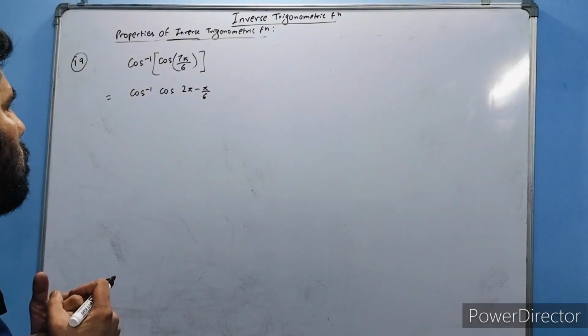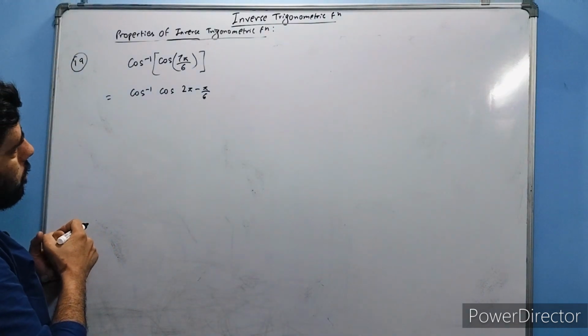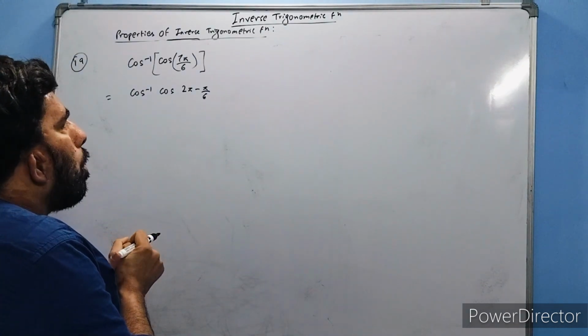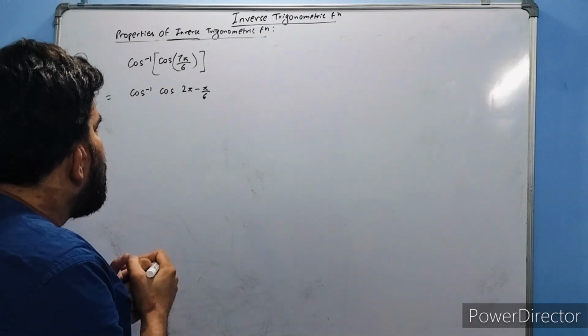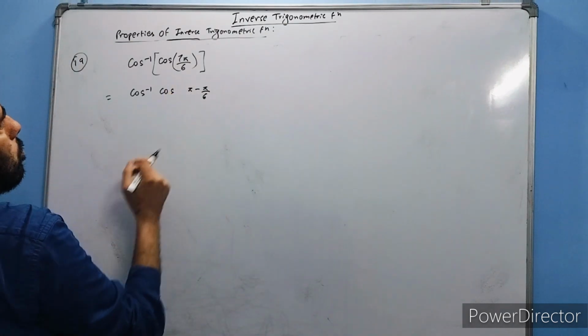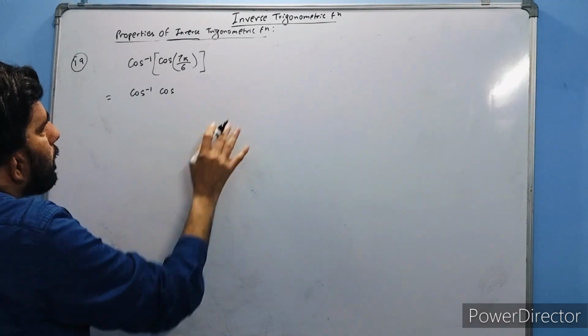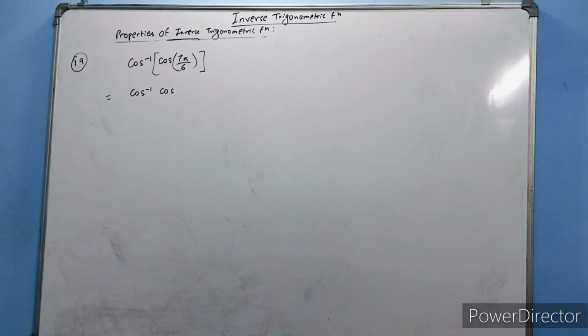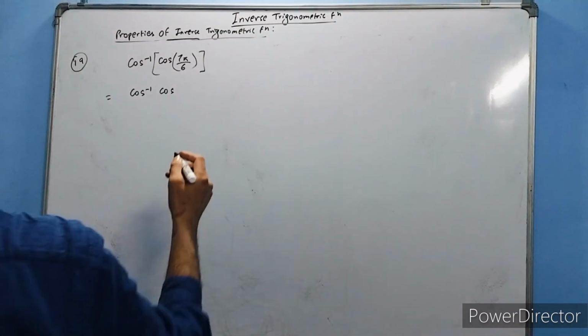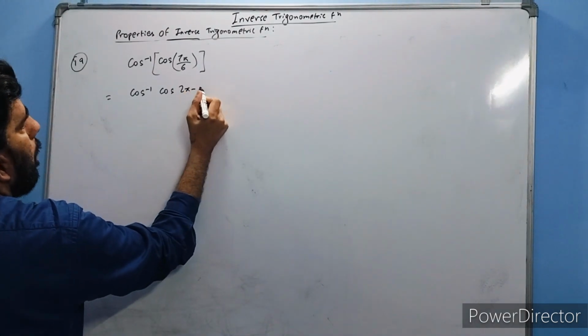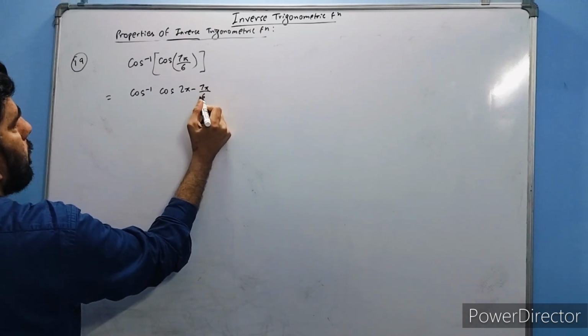So if I see 12 pi, it will be 11 pi by 6, and if I use this, it will not look like this. So let us see how we can solve this question now. We can write this as 2 pi minus 7 pi by 6.